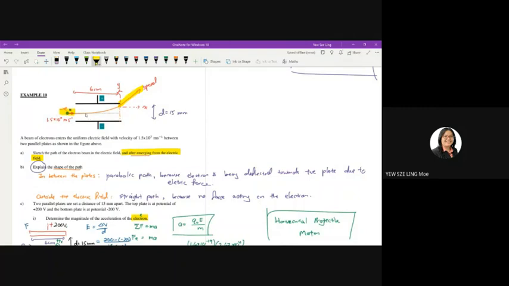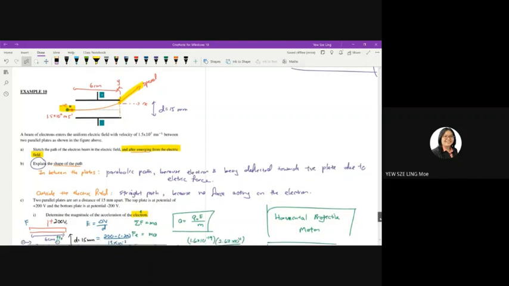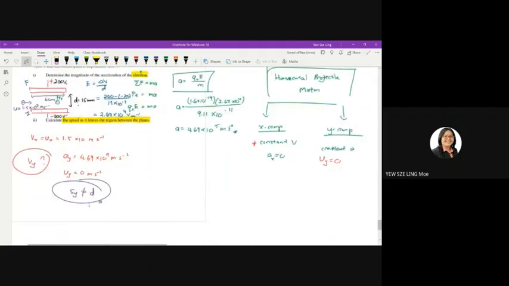It could be at the midpoint, midway between two plates, slightly above or slightly below midway, or very close to the negative plate or the positive plate. You don't know the exact position along the y component. Therefore, you cannot say Sy equals d, so we don't have the information.